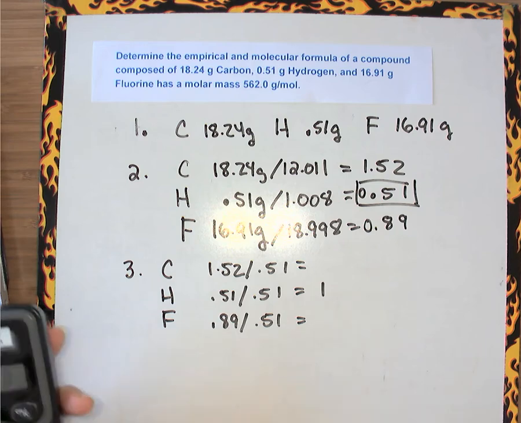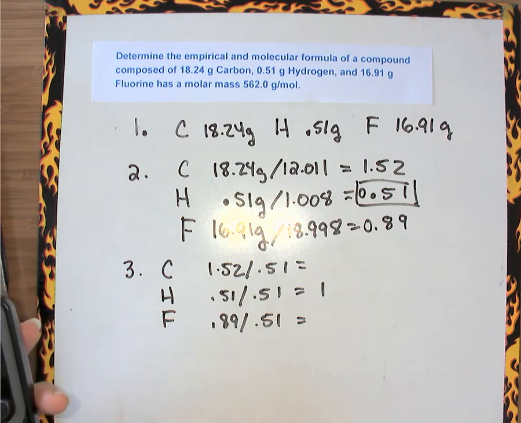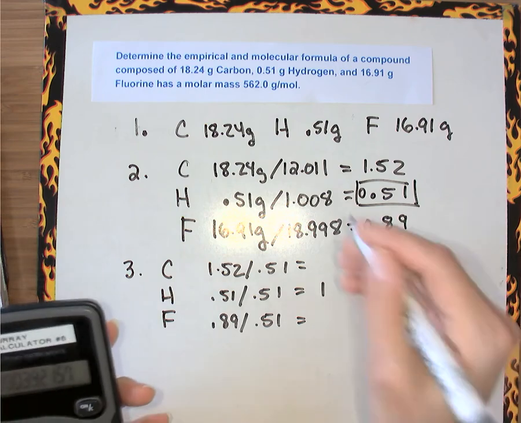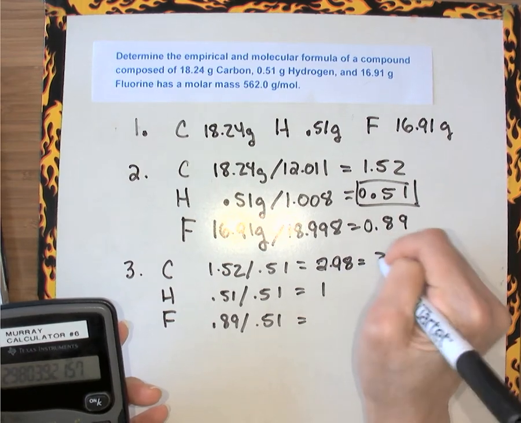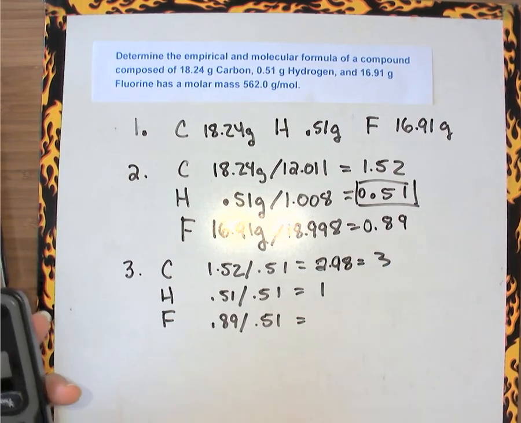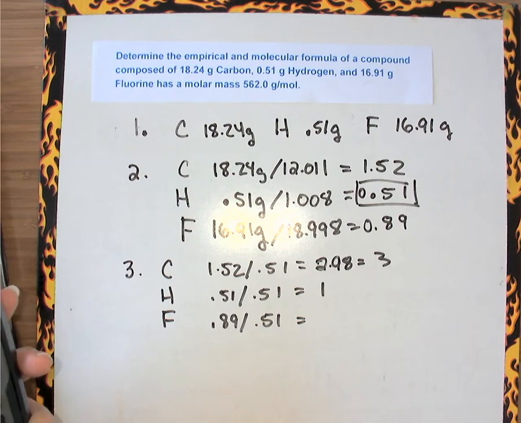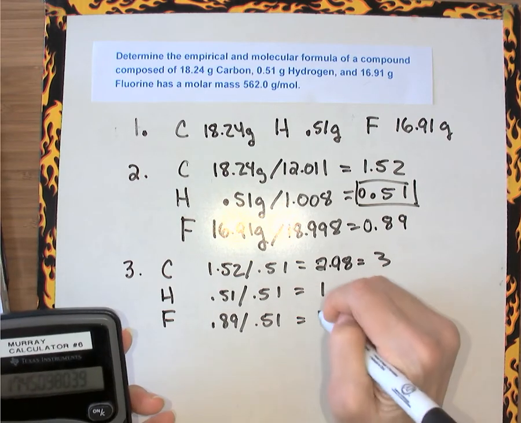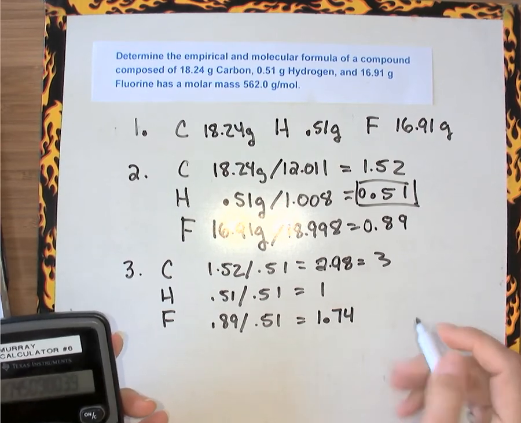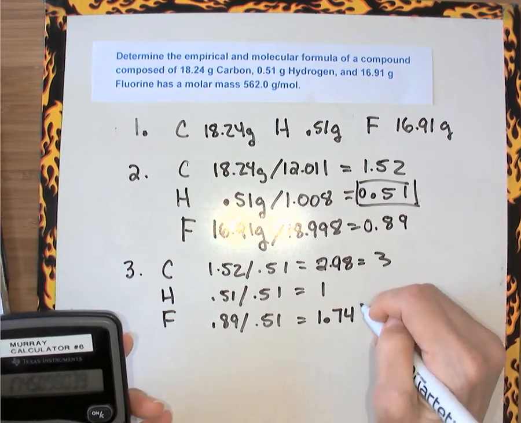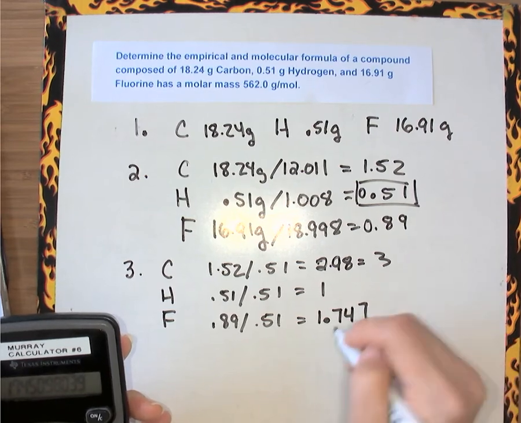Wait a minute. 1.52 divided by, yeah, 2.98. 3, and the 0.89 divided by 0.51 is 1.74. Okay, this is another special case. It's right in the middle.